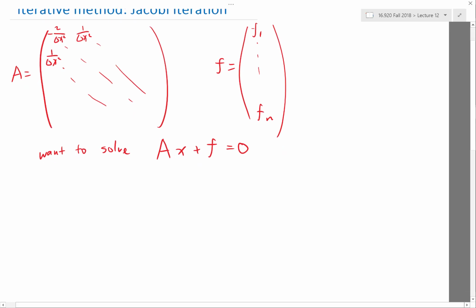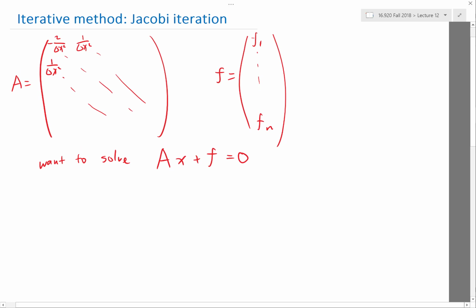Okay, so the Jacobi method is analogous to wanting to solve the equation dx/dt. Well, let me just write it as an ODE because this is already a discretized system, Ax plus F. And I want to discretize this using forward Euler.